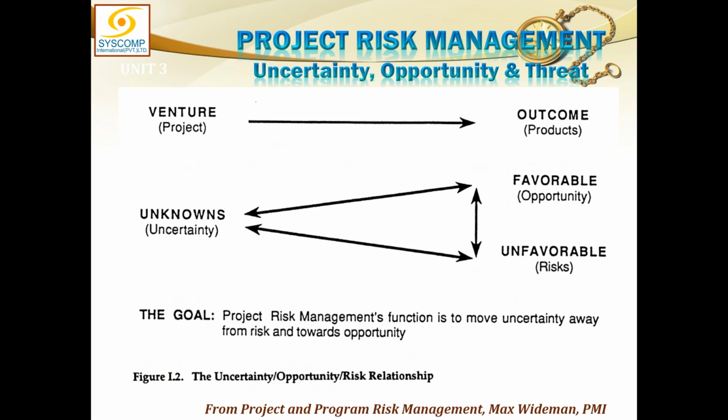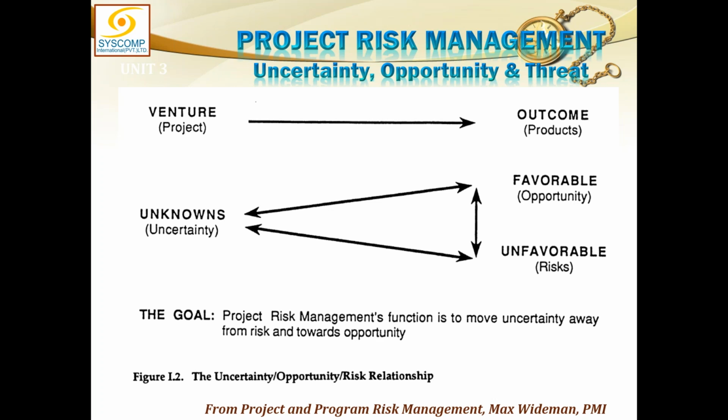So, according to Max Wideman, a project, which is a venture, is always undertaken to produce some outcome or product. And initially, when we start the venture, almost everything is unknown, or most of the things are unknown. There is a high order of uncertainty which exists. Now, there are positive risks and there are negative risks. With the positive, the opportunities are favorable and the threats are unfavorable.